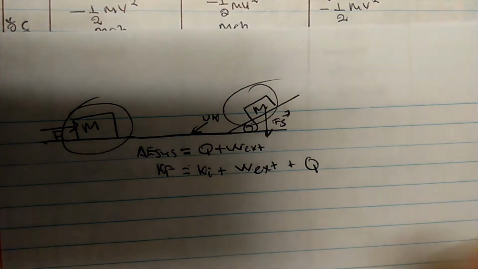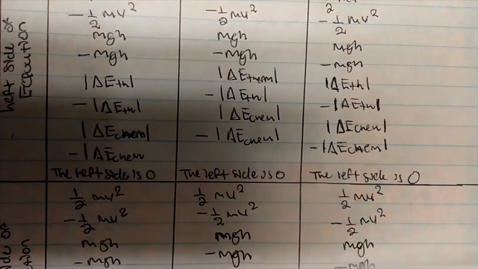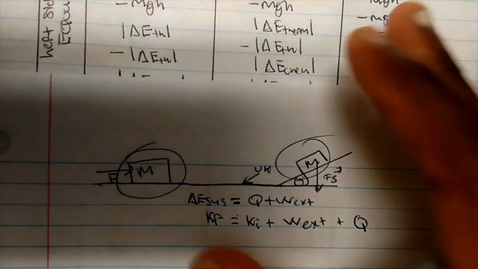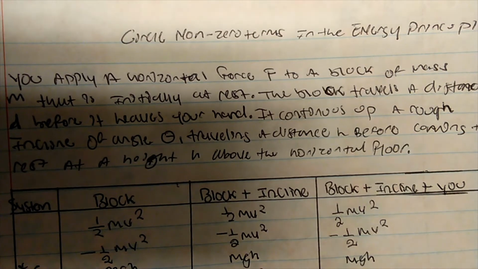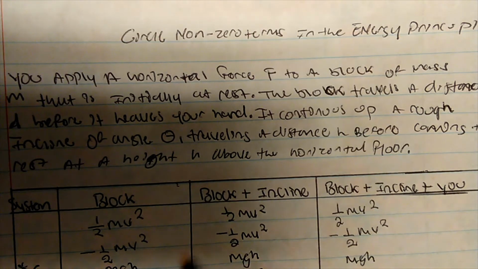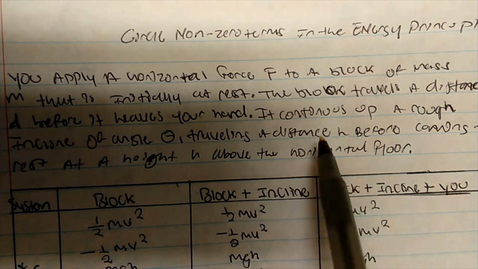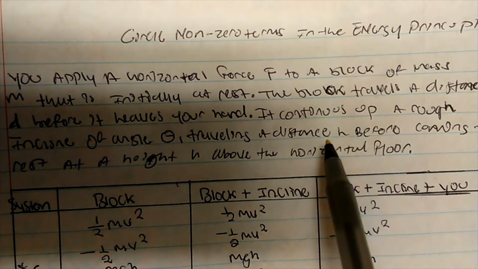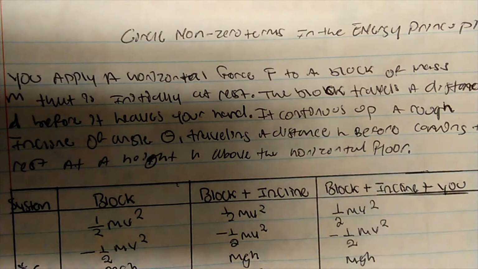Now that we have this equation, we're just going to simplify everything. So kinetic final, well, let's look at the problem. It says that you initially start at rest, and at some distance h above the floor, you actually come to rest.